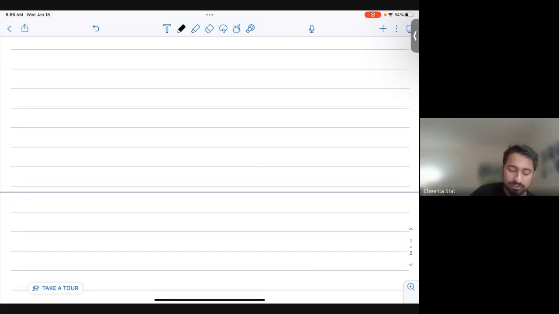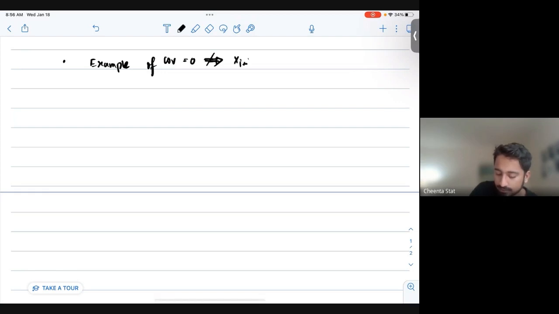So you should visit these concepts today. These are the things you should learn today. First, a counterexample of covariance zero does not imply that Xi is independent of Xj.